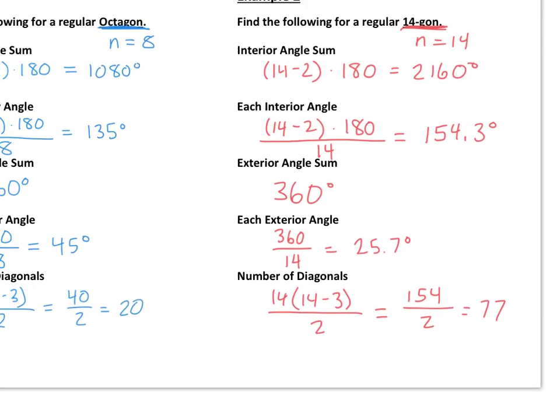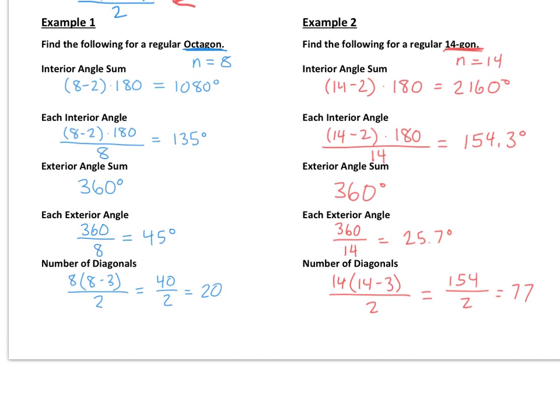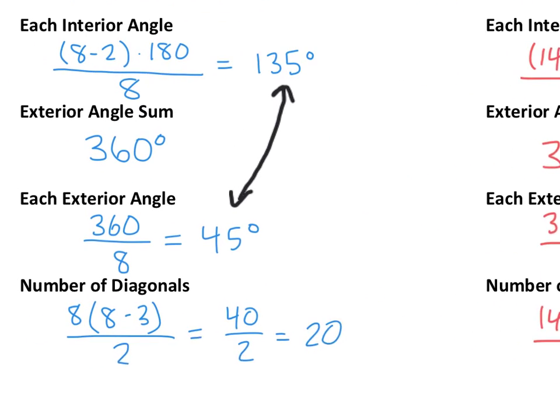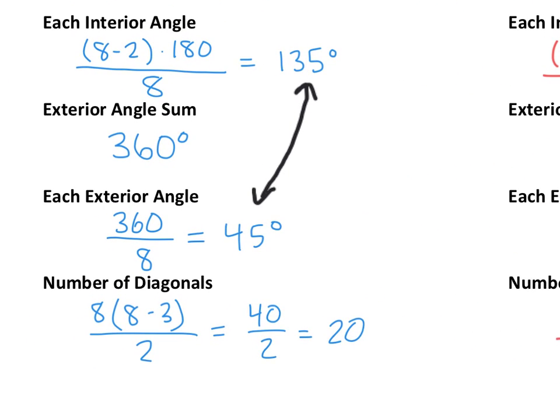All right, now let's take a look at a couple things. The first thing I want to point out is this. Each exterior angle and each interior angle, so in the octagon example, 135 is each interior angle and 45 is each exterior angle. These two numbers within the same polygon are always going to add to 180 degrees.